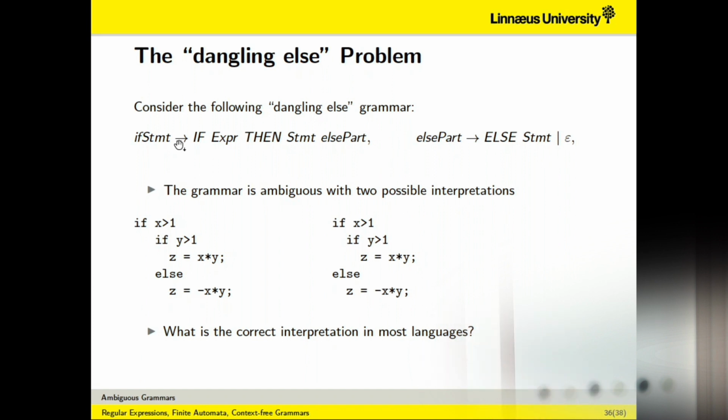Of course, if you look at it visually, it seems like this else is a part of this if. But if you look at it like this, it looks like this else is a part of this if. So this is because of the ambiguous grammar.